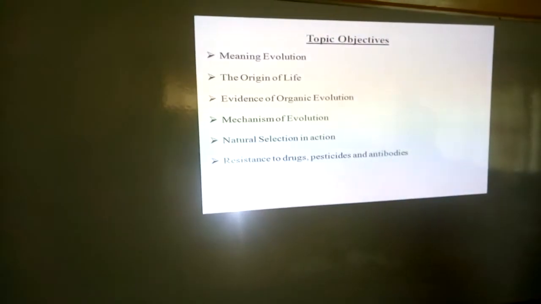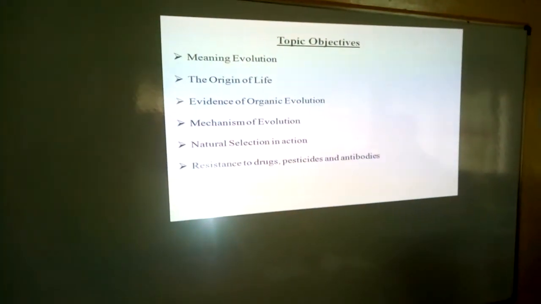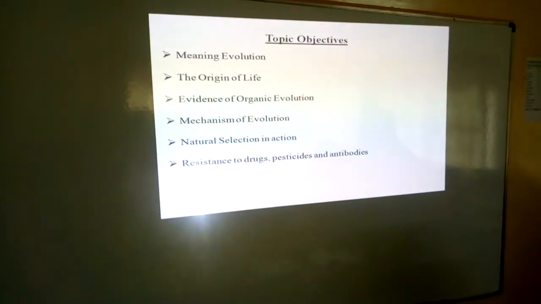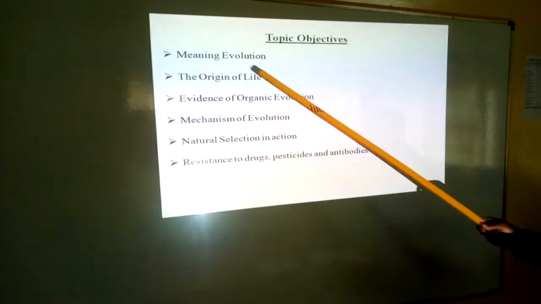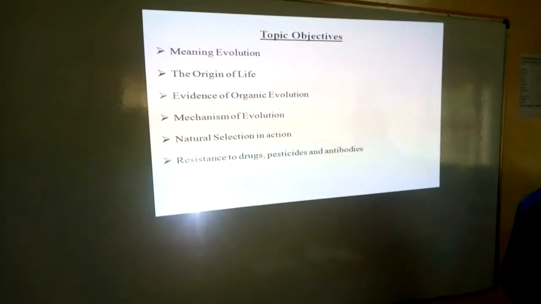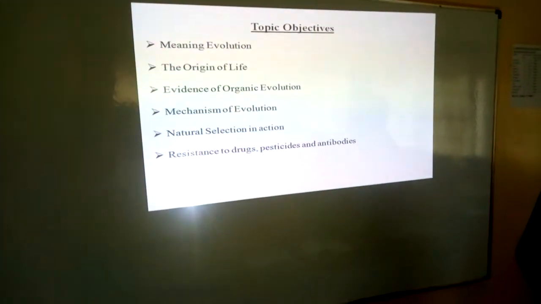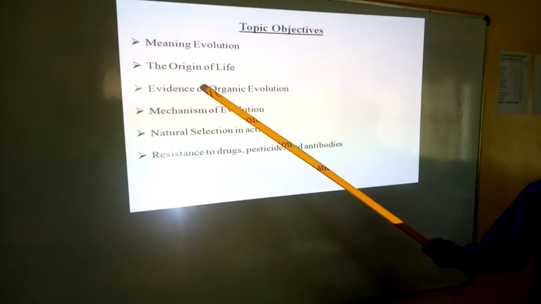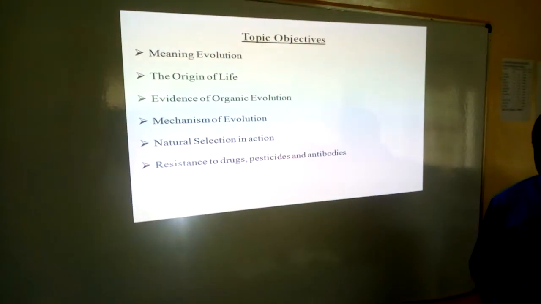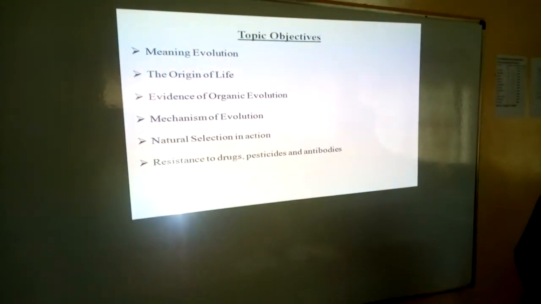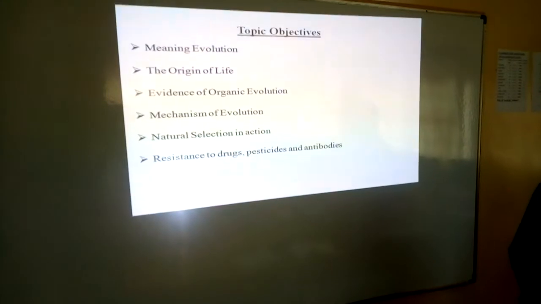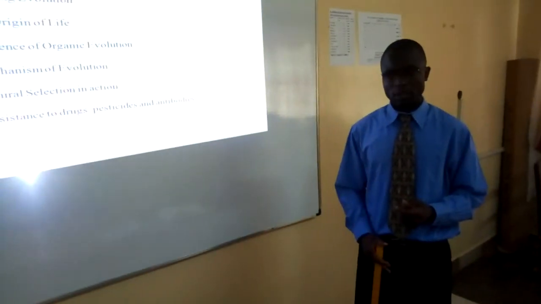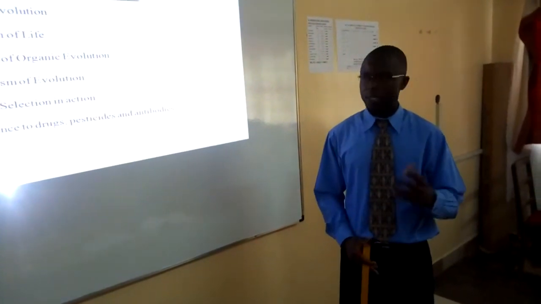Topic objectives. We've got 6 objectives within this topic. Objective number 1, meaning of evolution. A learner should be able to define what is evolution. Objective 2, origin of life. A learner should be able to explain where life began from in the living organisms that are existing.